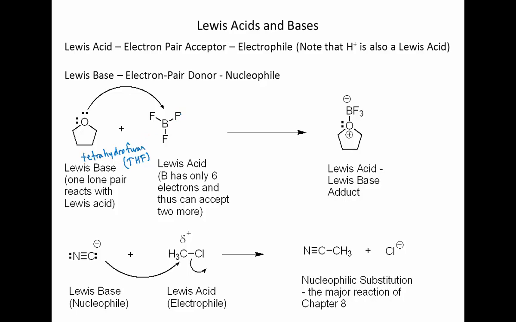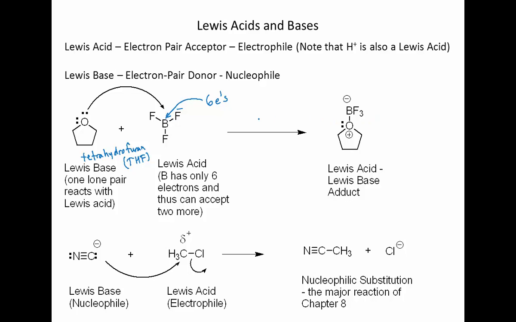It is going to react with this compound, boron trifluoride. So we can see that the electron pair can actually react with the boron, which only has 6 electrons, and form this Lewis acid Lewis base adduct.